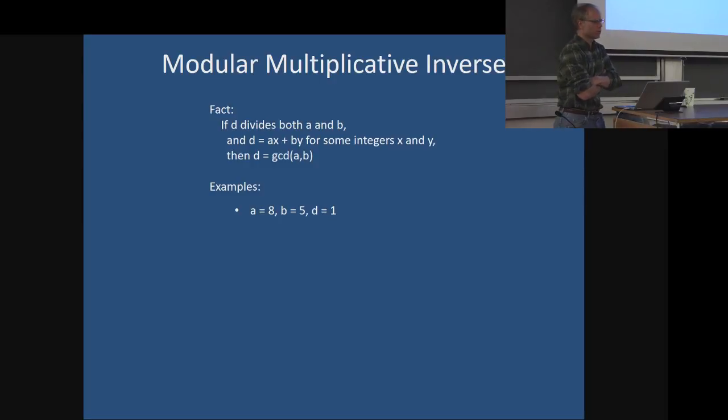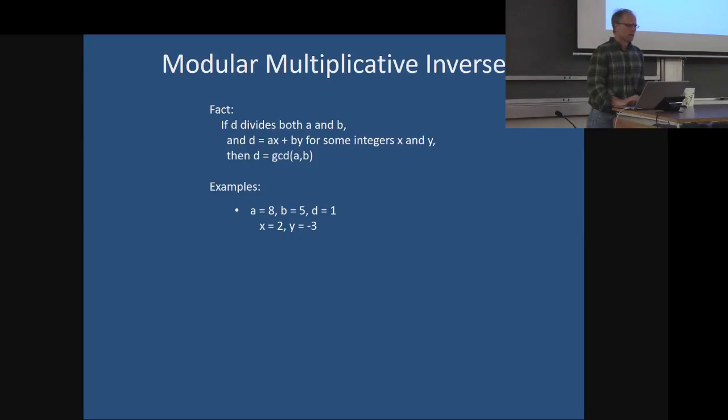What's an X and a Y so that A times X plus B times Y is equal to 1? Well, you can use negative numbers. 2 and negative 3. Because 2 times 8 is 16. Negative 3 times 5 is negative 15. Add them together, you get 1.